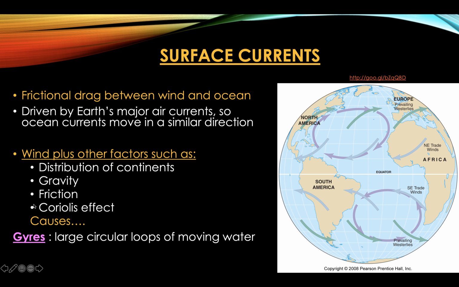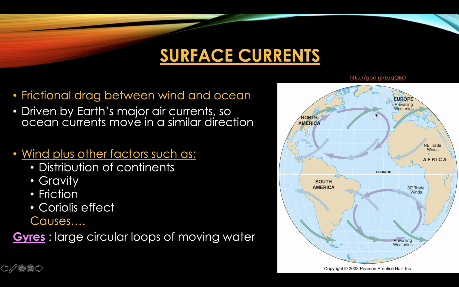So the Coriolis Effect, along with the distribution of continents, gravity, and also friction, causes these things called gyres to form. So gyres are large circular loops of moving water. And you can see two gyres displayed here. Here's one gyre in the northern Atlantic, and here's another gyre in the southern Atlantic.